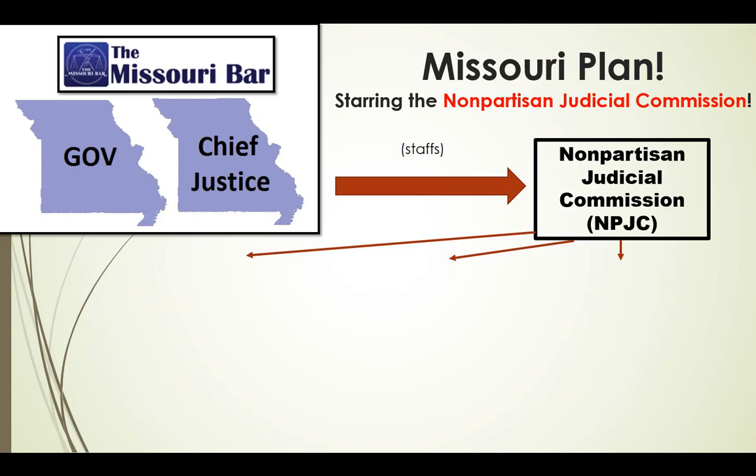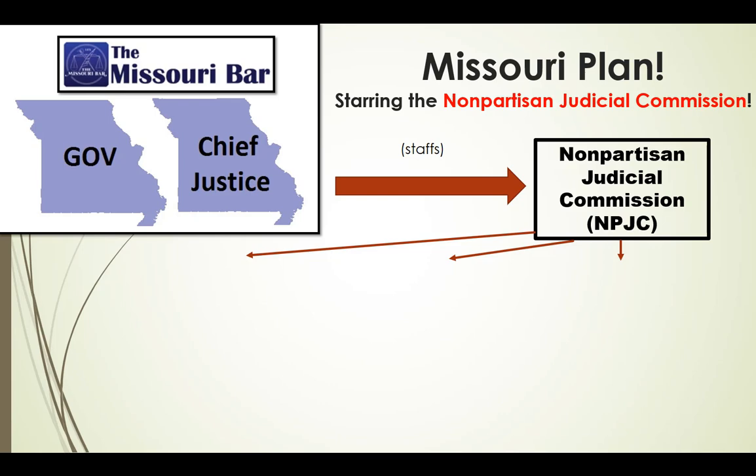And the 3 of these entities work together to staff the Nonpartisan Judicial Commission. The Judicial Commission will be staffed primarily with people who are constitutional experts, or they're lawyers, or they're even past judges, people that really know the law really well. And they're nonpartisan, so they can't be chosen on behalf of their political affiliation, Democratic or Republican.